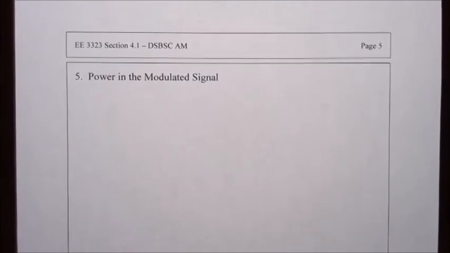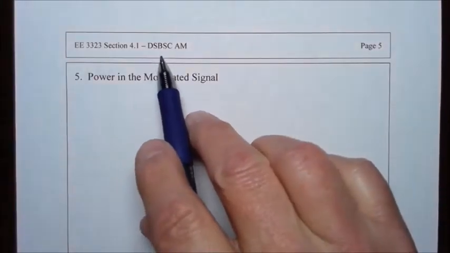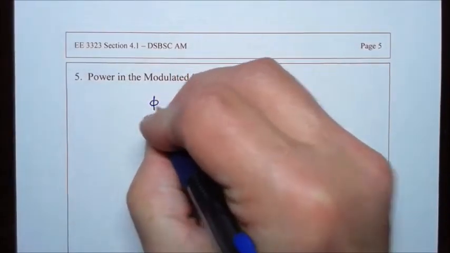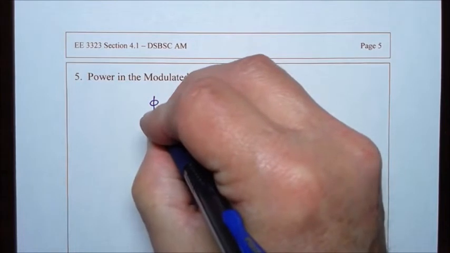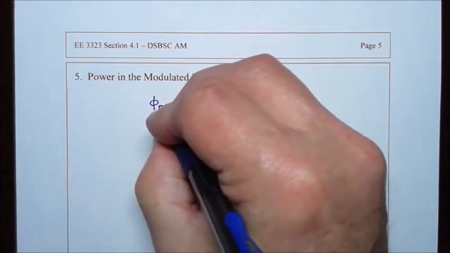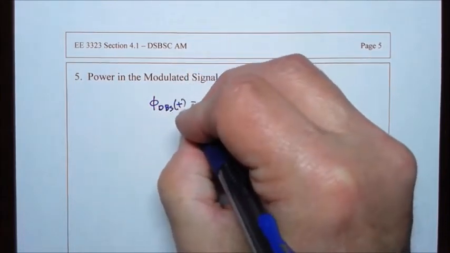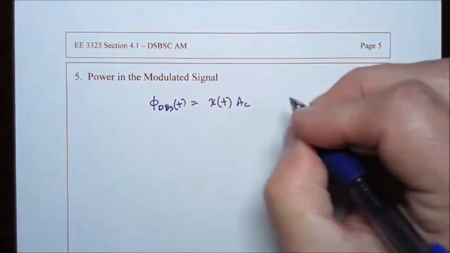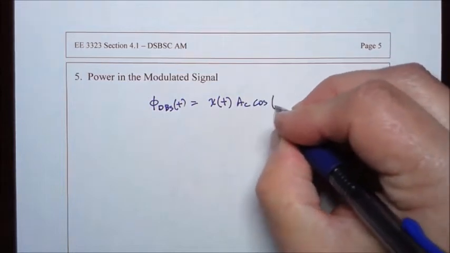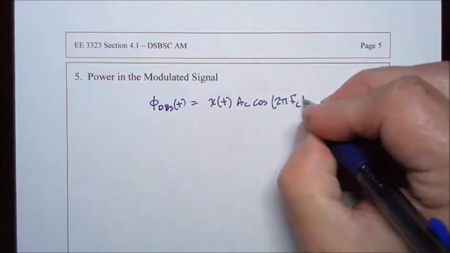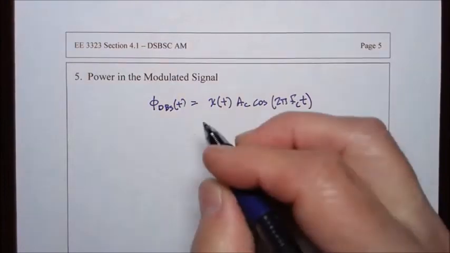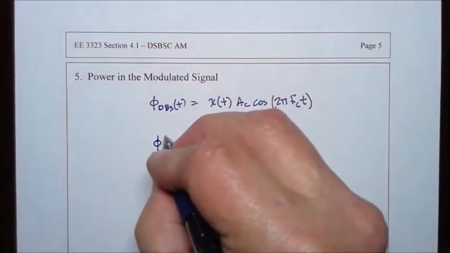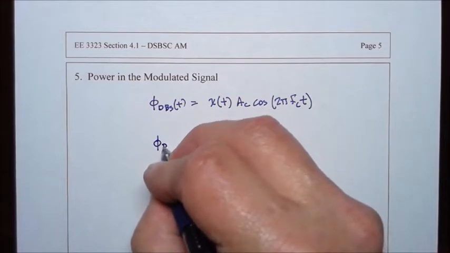Let's consider the power in the double sideband suppressed carrier AM signal. To find the power, I'll start with the time signal equation. Phi double sideband of t is equal to x of t times AC cosine 2 pi fct. The power is found by taking the time signal and squaring it.